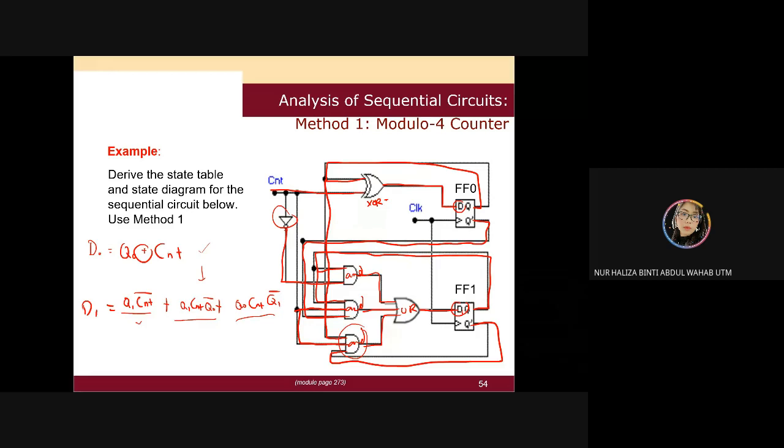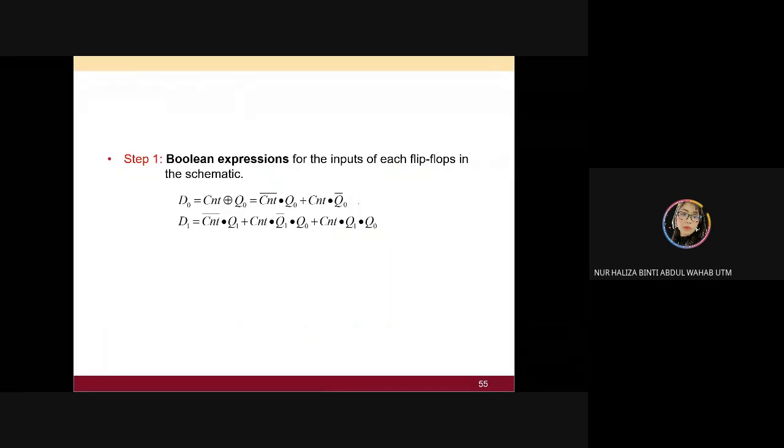So from here, you can see this is the Boolean expression that you can come up with from your schematic diagram. Okay, from your XOR, you can see you still need to use the modulus 1 and modulus 3, how it looks like.